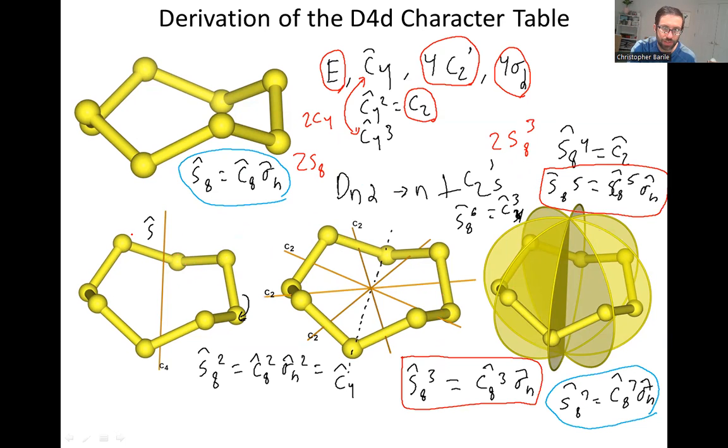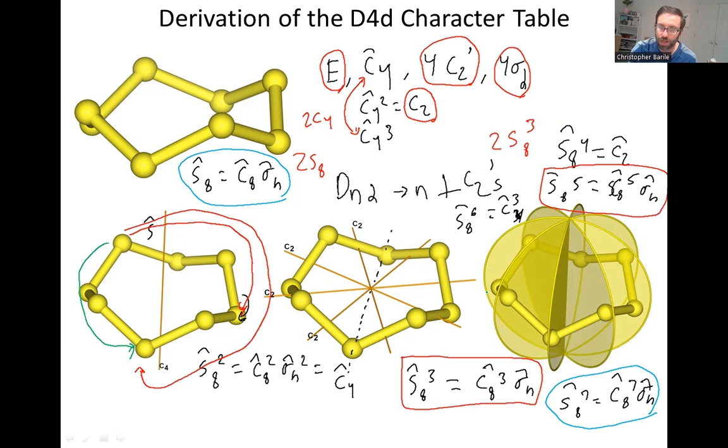Those are analogous to each other, because you could go over to here, that's S8 three times, or you could go all the way over to there. For that first red line I drew, that's just going three spots over. If I go three spots over in the other direction, I get to the same point as going five spots over in the clockwise direction.